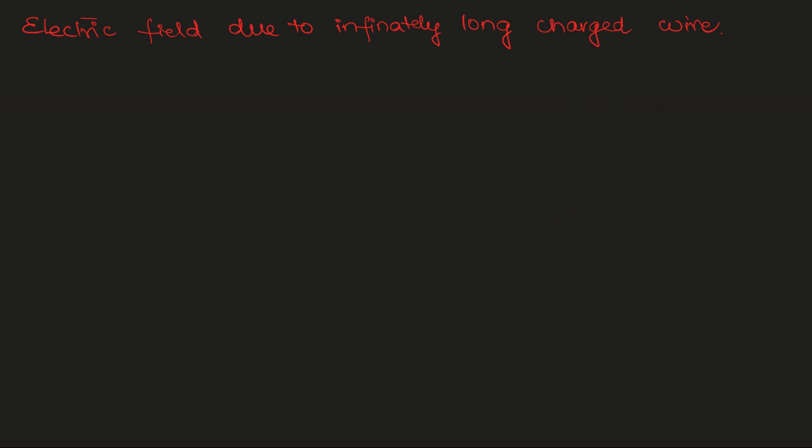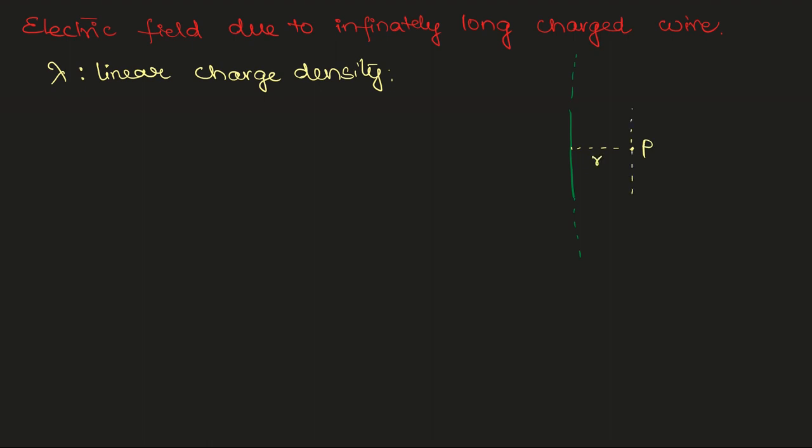Suppose they gave lambda as the linear charge density of the wire. Infinitely long wire means we don't know its initial point as well as final point. From this wire, they are asking to find the field at a point P, which is at a distance R.